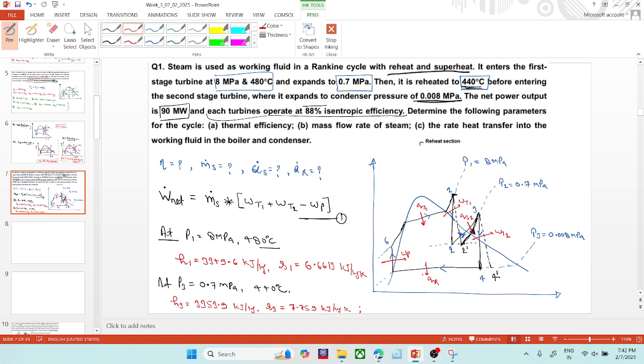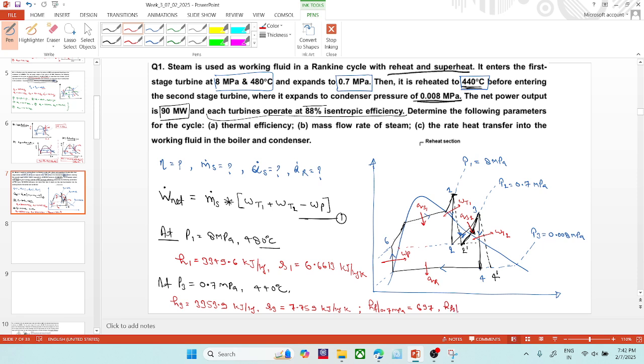I have also determined the values at 0.7 megapascals, at the fluid and at the vapor point. So what I have got is that HF at 0.7 MPa is 697. I'm not writing the unit again and again.